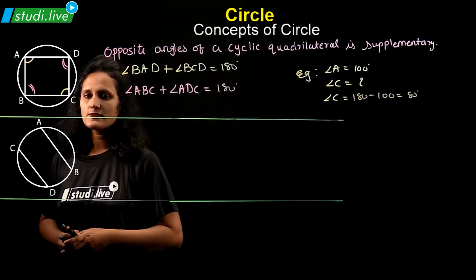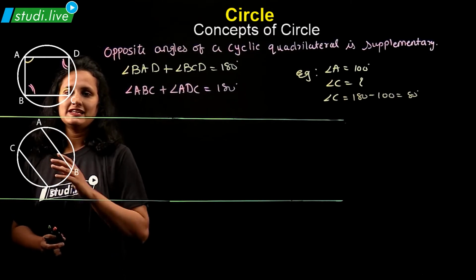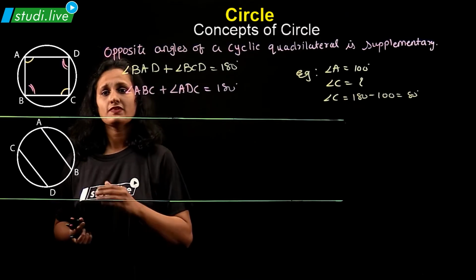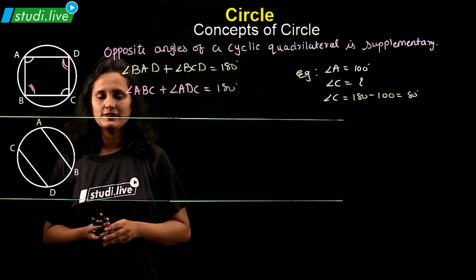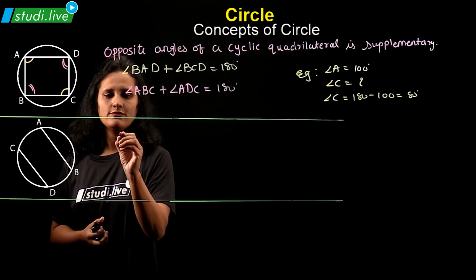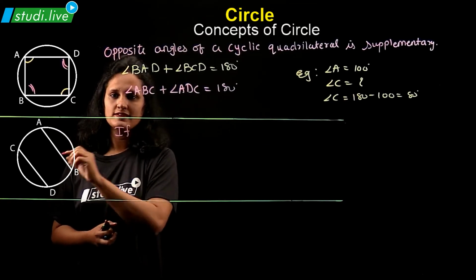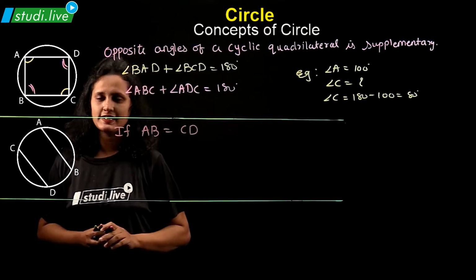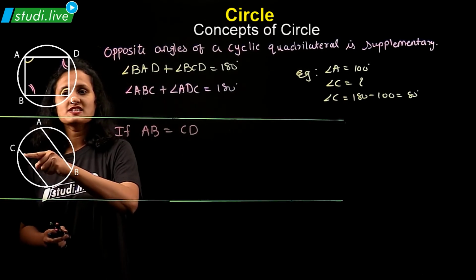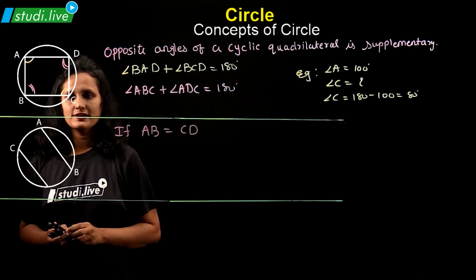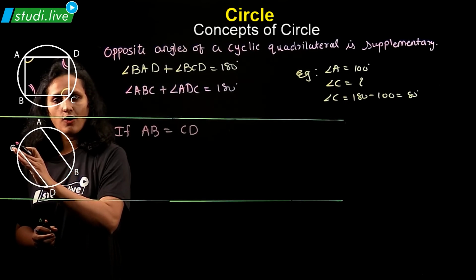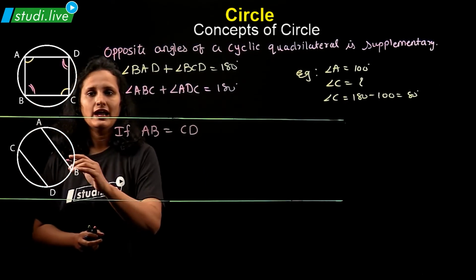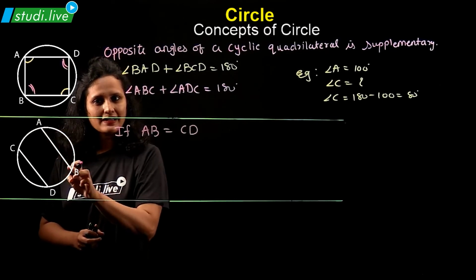Now next concept, student, AB and CD are chords of the circle. So if two chords are equal, if in this diagram chord AB equals chord CD, then their corresponding arcs will be equal. So I can say that chord CD forms arc CD and chord AB forms arc AB.